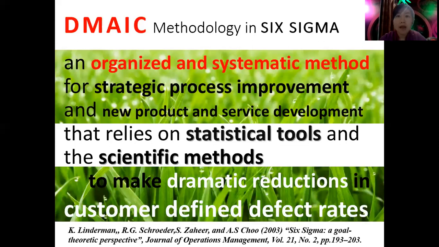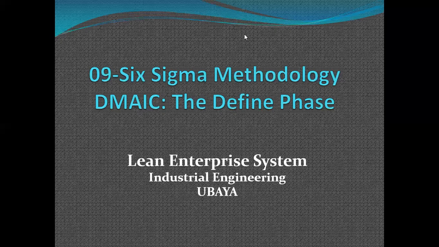Six Sigma makes decisions based on data. So we collect the data, then analyze the data, and then decisions are made based on the data analysis. Let's go to the first phase of this methodology.